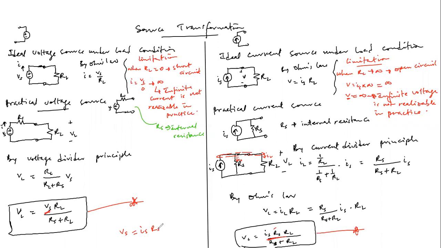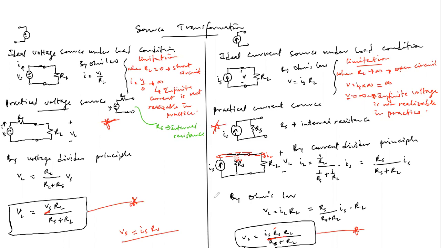Okay, so at this point, by comparing the voltage across the load resistor RL, based on the outcomes from the practical voltage source and the practical current source, these two models will be similar if Vs is the same as Is Rs.